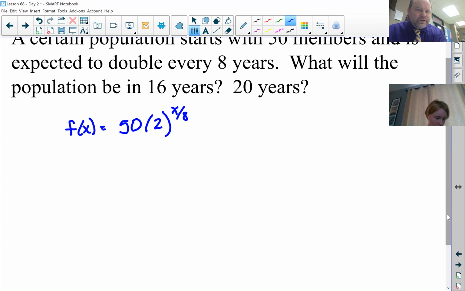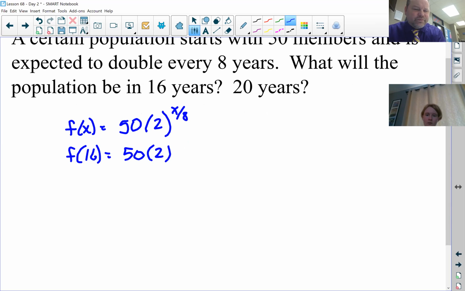So to find the population in 16 years, we would go 50 times 2 to the power of 16 divided by 8. And I did this on purpose.